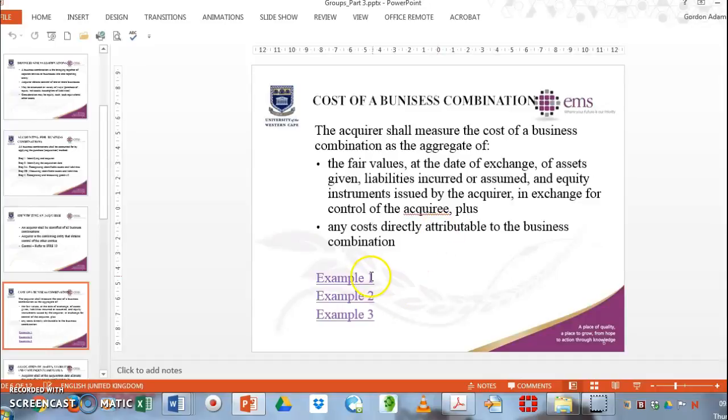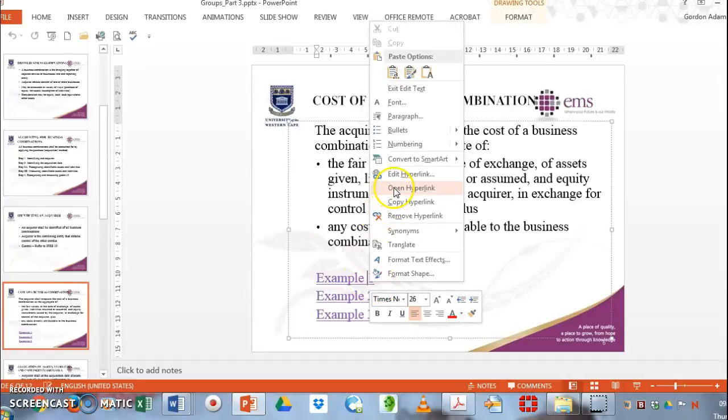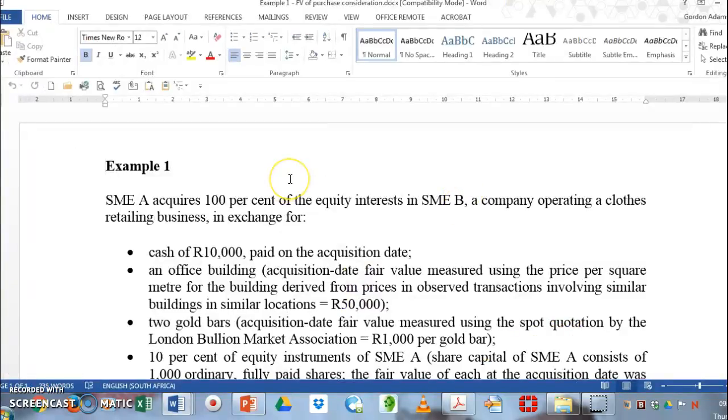So let's look at example 1. Example 1 deals with the basic costs of a business combination. It reads as follows. SMEA acquires 100% of the equity interest in SMEB, a company operating a clothes retailing business, in exchange for the following.